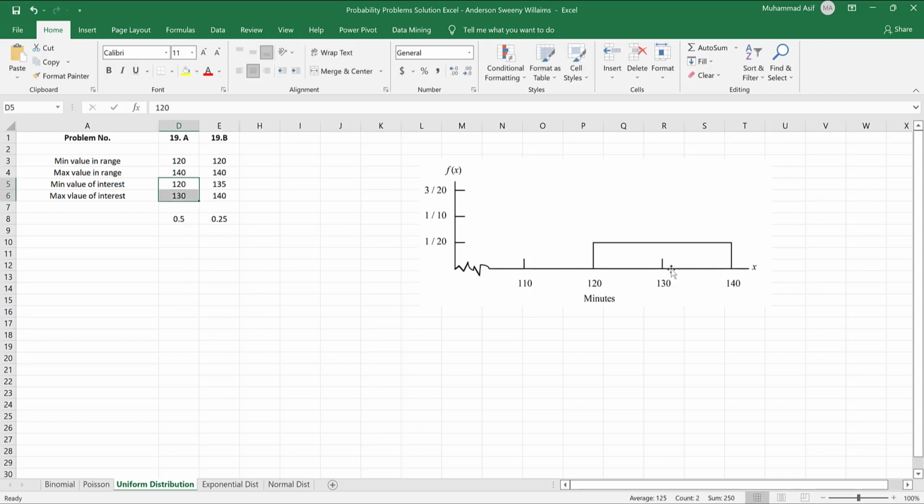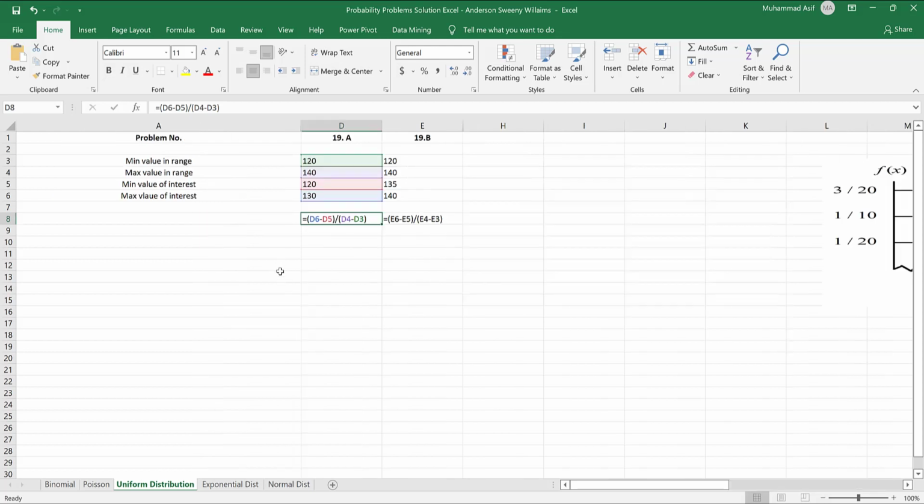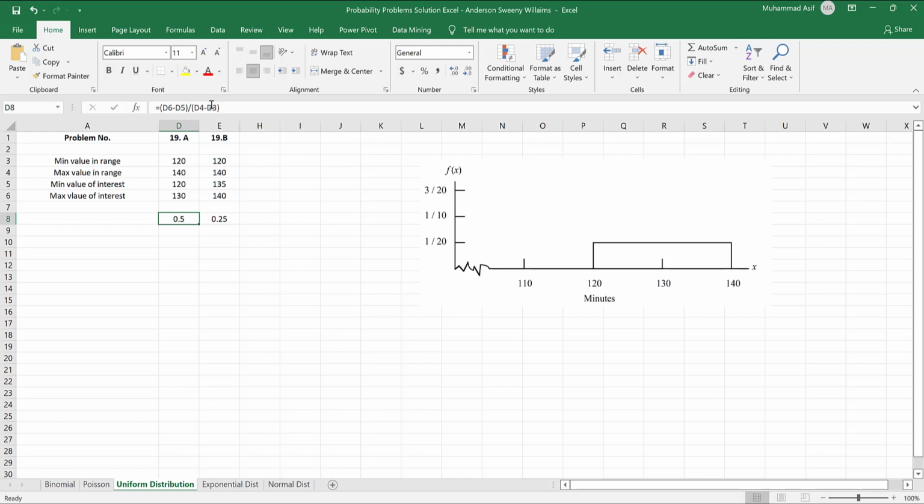So which means if we could find this area, please note the movement of this cursor. If we could find the area of this region, that will be the probability. And for this purpose, what we do is that we use this syntax, that's d6 minus d5.